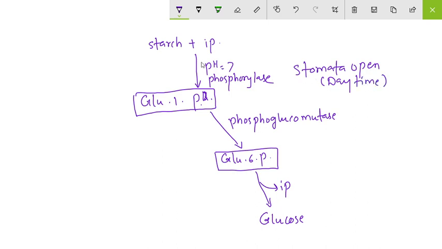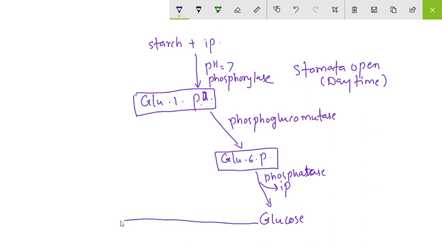At early morning, the starch is converted into glucose phosphate and then glucose, in presence of the enzymes phosphorylase, phosphoglucomutase and phosphatase. So glucose is produced, which is osmotically active, therefore it absorbs water, the walls of the guard cells get stretched, and the stomata get open during the daytime.